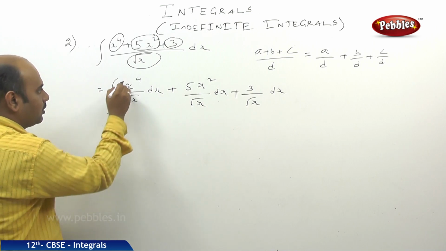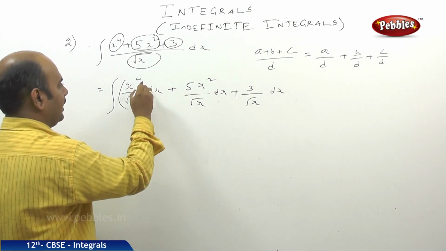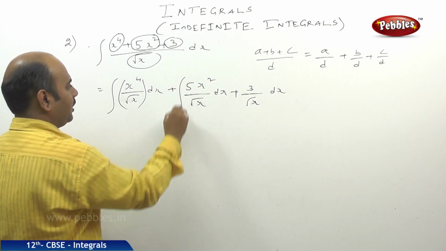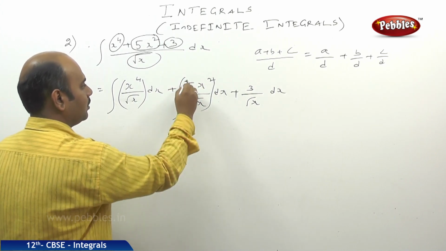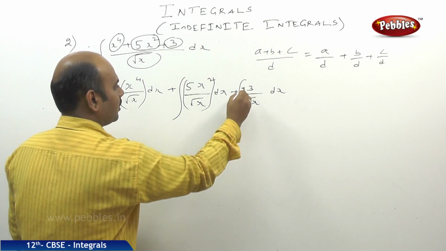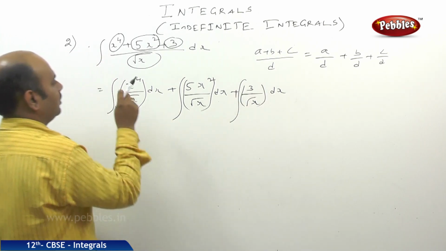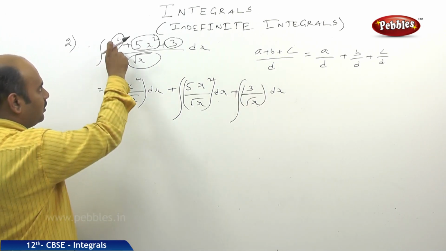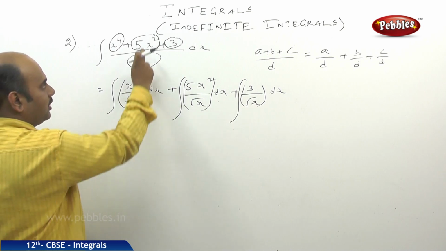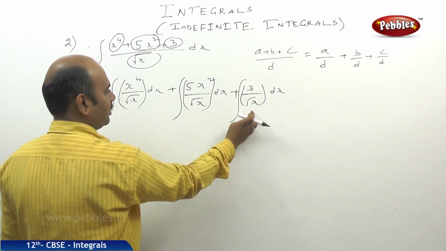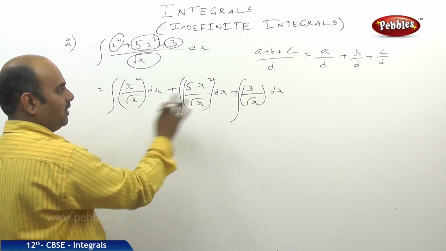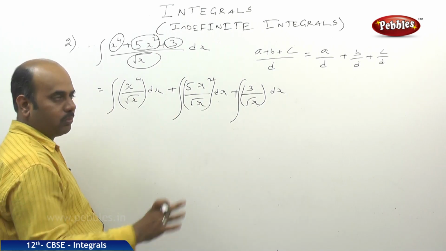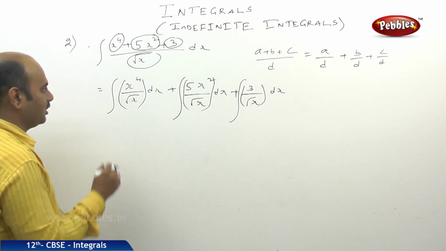Finally, if you observe carefully, I think I can apply the integration now. Why? Because of the algebraic properties of integrals, I can apply integrals individually to x^4 by root x dx, 5x^2 by root x dx, and 3 by root x dx.